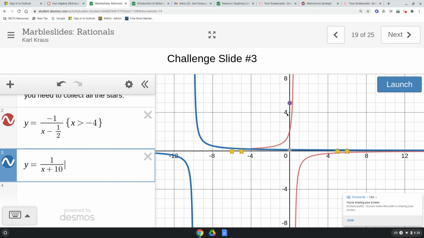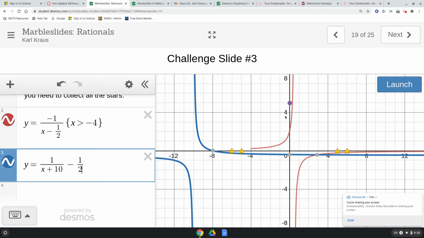All right, so now I have the marble coming this way. Then I want to catch it with this graph. Let me move this down a bit. So if I subtract the half here.